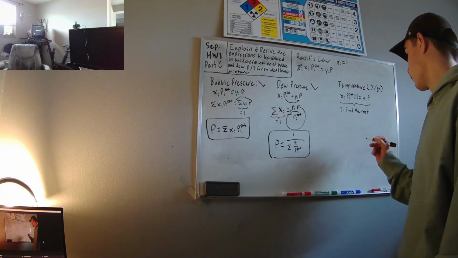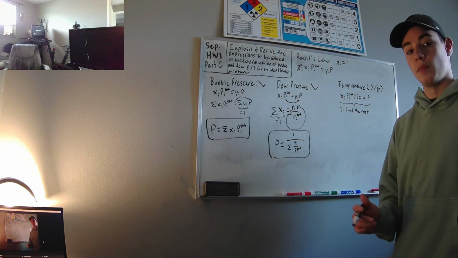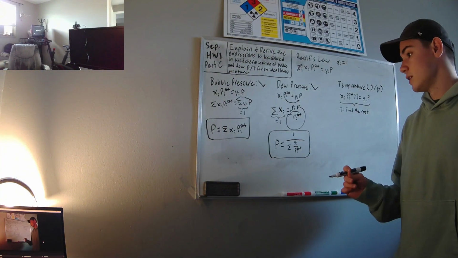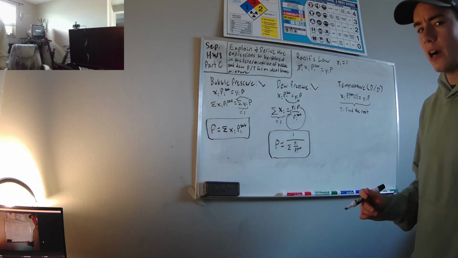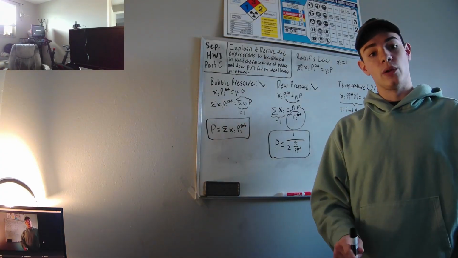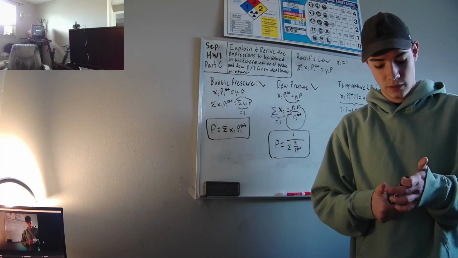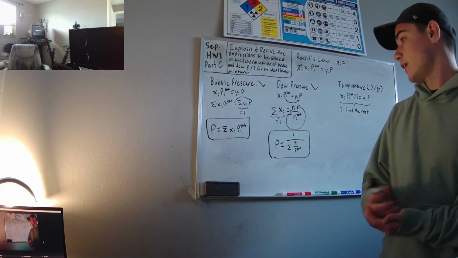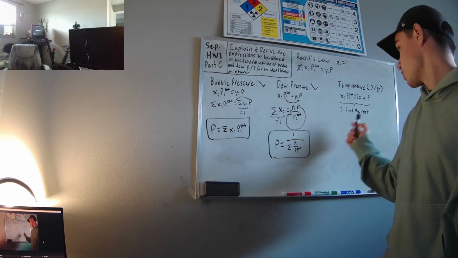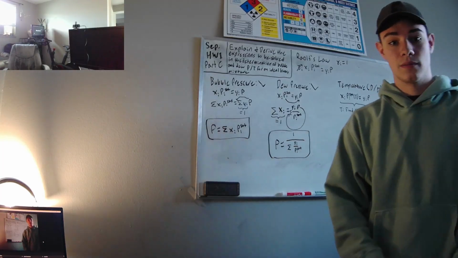Once we find that root, that is going to yield us our bubble and our dew temperature. So now, why don't we go ahead and move into Colab so that we can code up to find our bubble pressures, our dew pressures, and especially our bubble and dew temperatures.